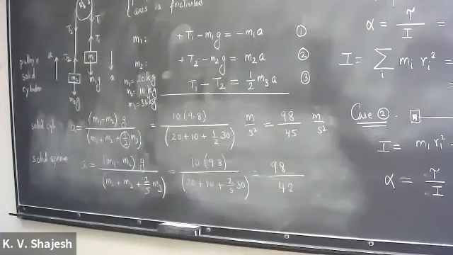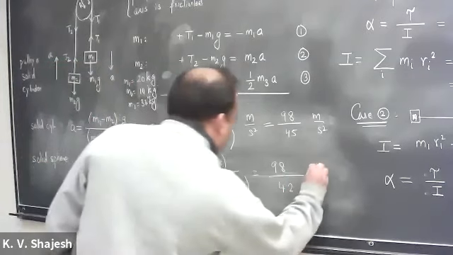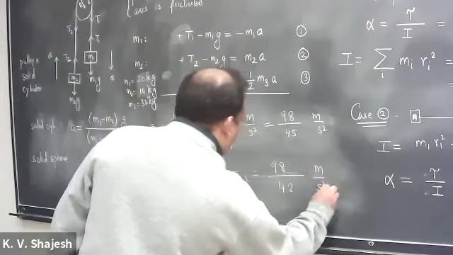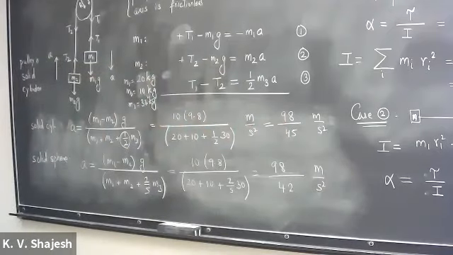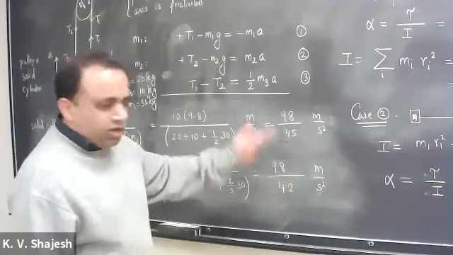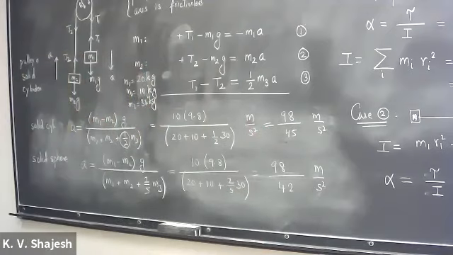So it's relatively less in the denominator. That means the acceleration will be more. So that's meters per second square. And I'll leave it like that. I won't get into the numbers. Primarily, it's very clear that if the denominator is larger, that means the acceleration is less.